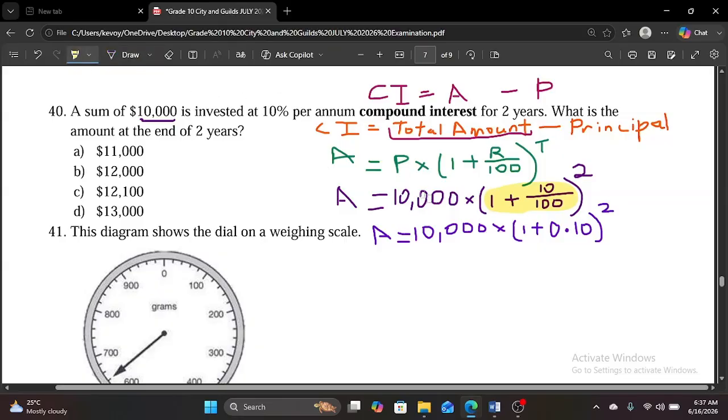Remember, we still have to work what is in our bracket first. So we have 1 plus 0.10, and we're going to add these two numbers together.